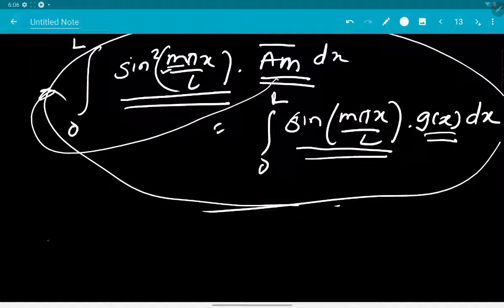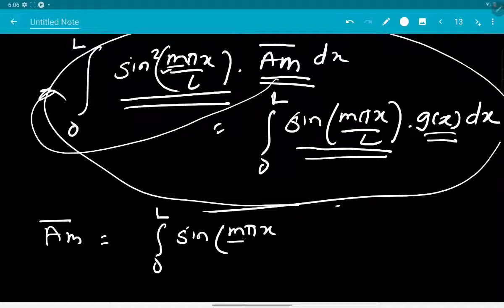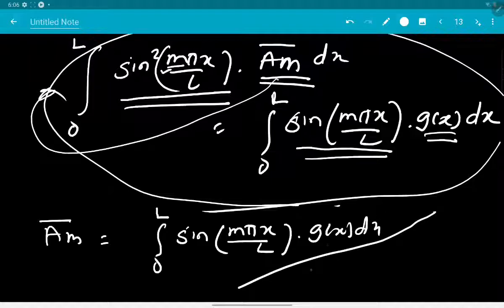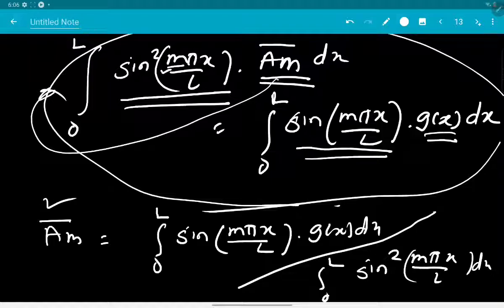Hence a bar m will be equal to the integration of this quantity divided by the integration of sine square m pi x by L dx. So this is how we have found a bar m.